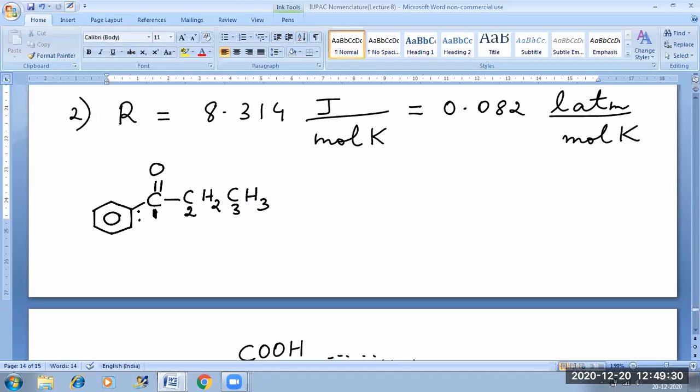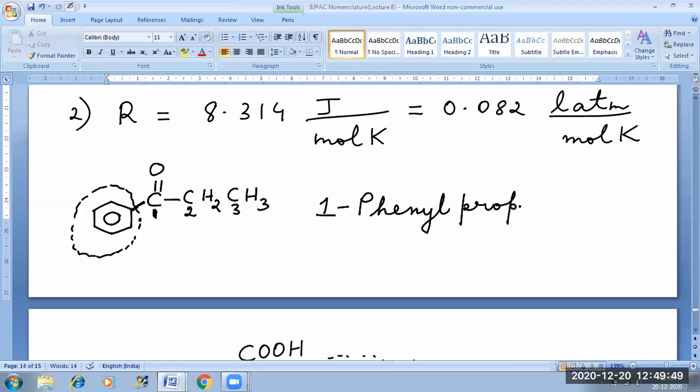So this entire name is 1-phenyl, because at the first position you have this phenyl group attached. 3 carbon atoms, so prop.